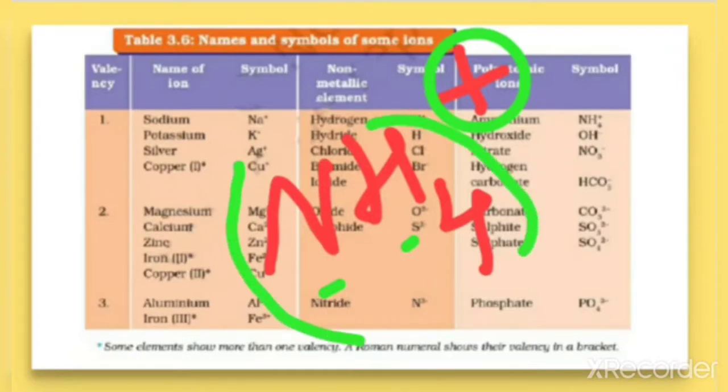It is not the charge of nitrogen, it is not the charge of hydrogen, it is the overall charge. So that is a polyatomic ion. This one positive charge is the valency for the ammonium ion, so the combining capacity for the ammonium ion is 1.